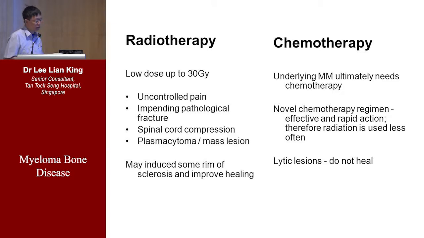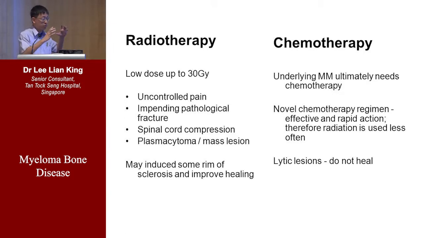Now the thinking with radiation is that you kill the plasma cells, but we also kill the good cells, the osteoblasts, and this will affect wound healing, but that's not true, all right? In fact, radiation can cause a rim of sclerosis, that means enhanced bone deposition in the lytic lesion area.